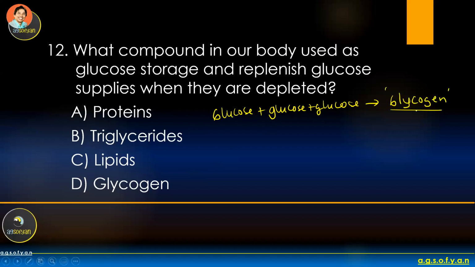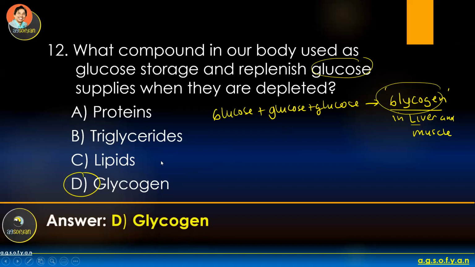So glycogen is the storage of glucose, and they usually store in liver and muscle. Now what happens if our glucose is depleted? We use them a lot. Of course, we're going to take it from the storage, which is from the glycogen, to continue the ATP production.